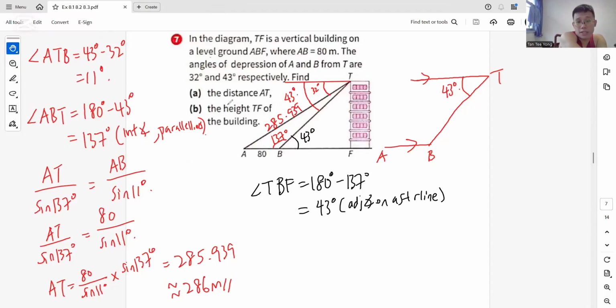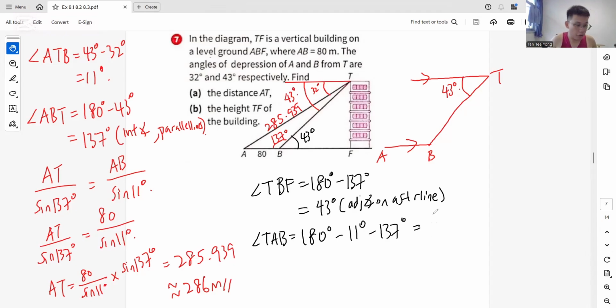First thing first, let's say I want to use sine rule. For sine rule, I need to find my angle TAB first. So angle TAB equals 180 degrees minus 11 degrees minus 137 degrees, and that will give me 32 degrees.